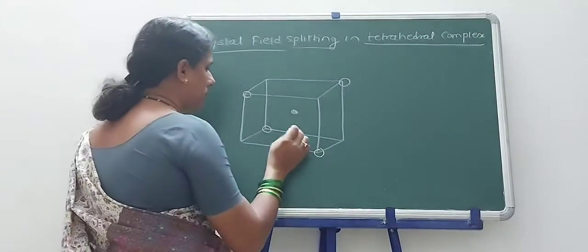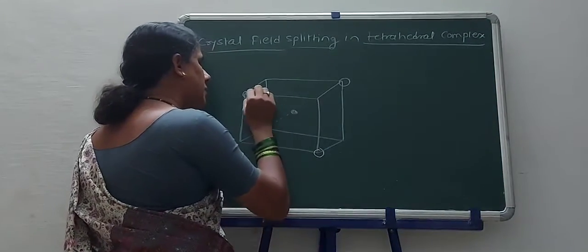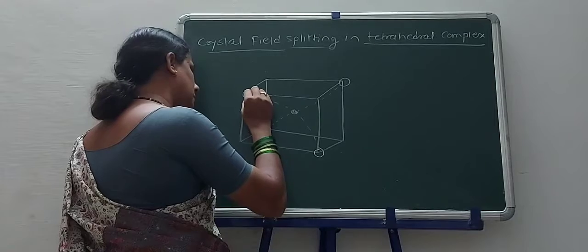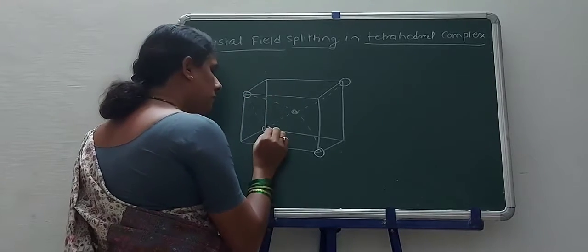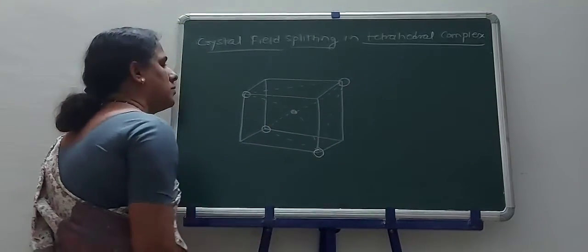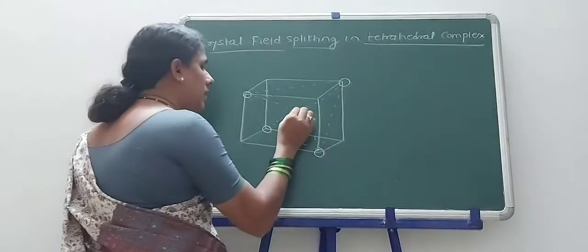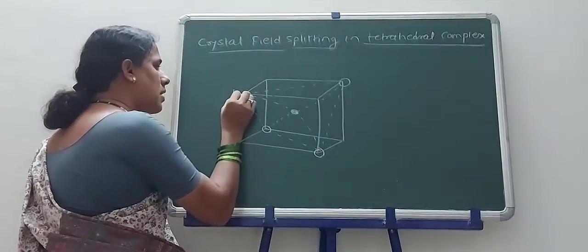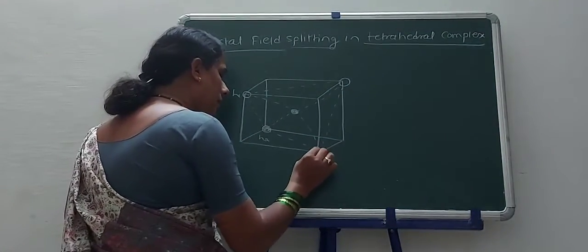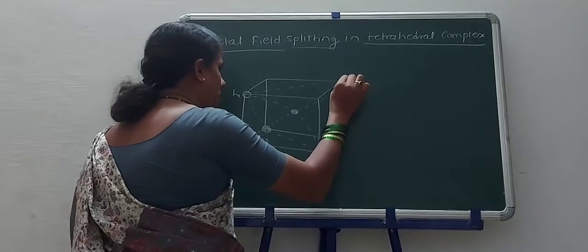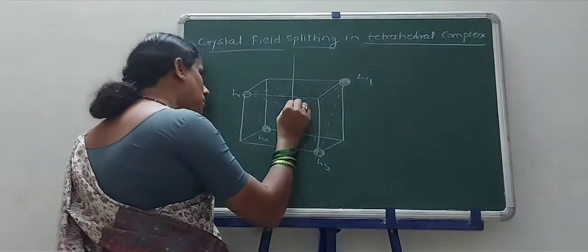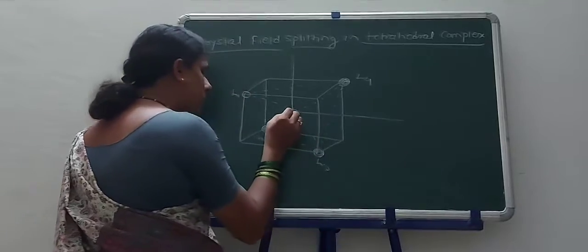Okay, now we can draw it as thus there are ligands, that is L1, L2, L3, and here also L4. It is 4 ligands.